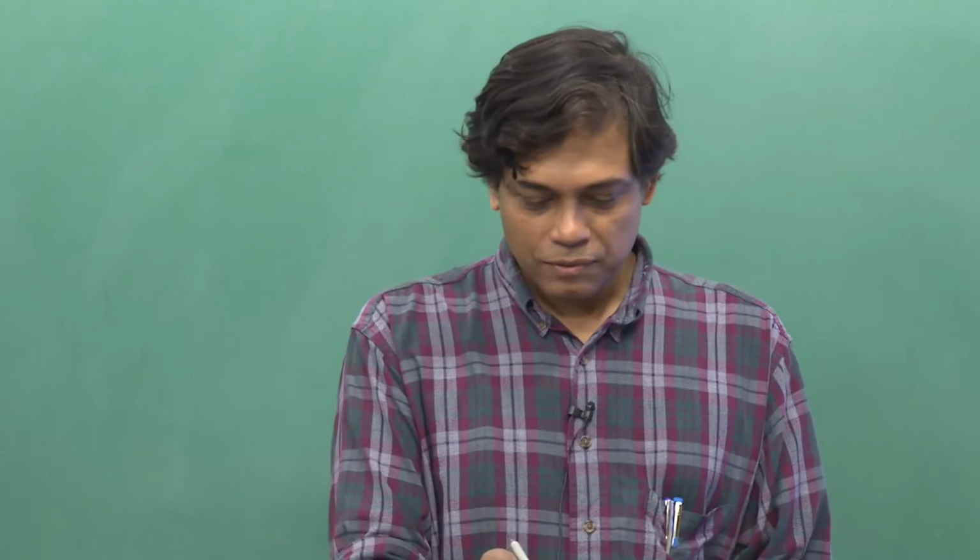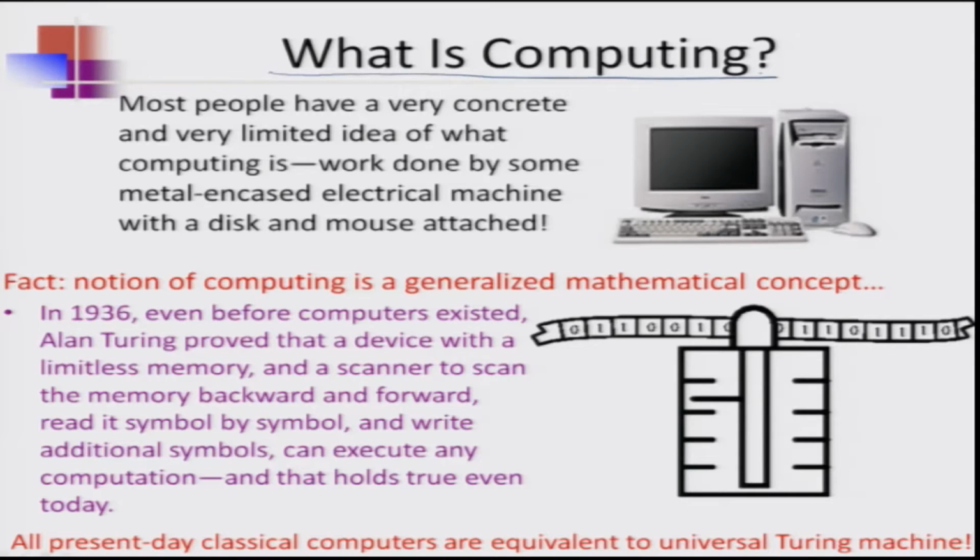So, first we have already looked at the idea of computing, and in that we are used to these kinds of computers where the basic idea remains the same, which was conceived way back in 1936 before computers actually existed, showing that a computer essentially is a device which uses limitless memory and a scanner to scan the memory backward and forward and read it symbol to symbol and write additional symbols to execute any computation.